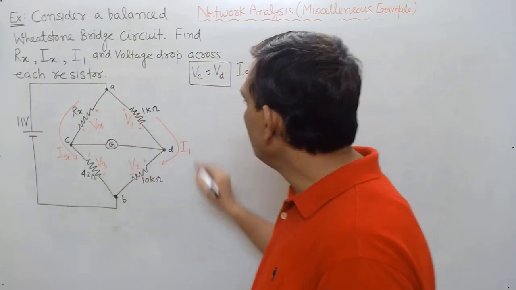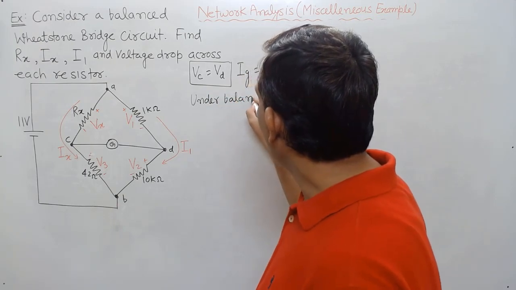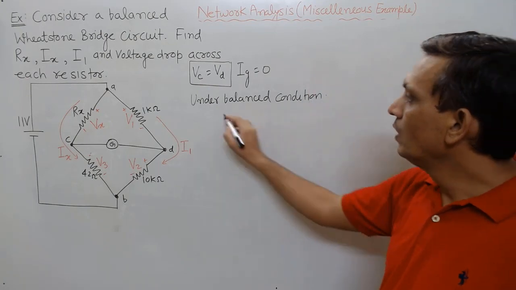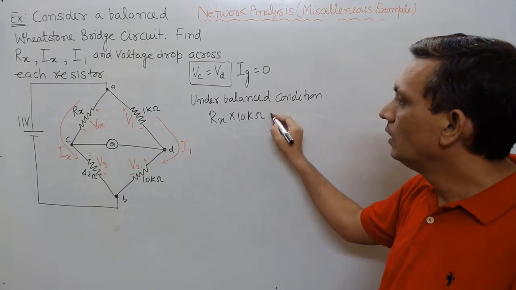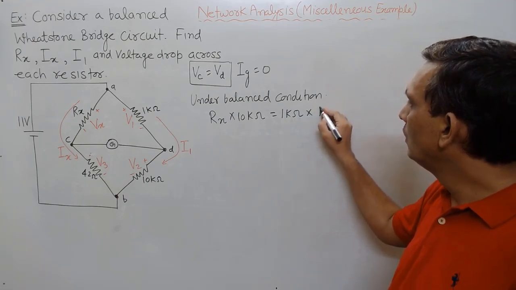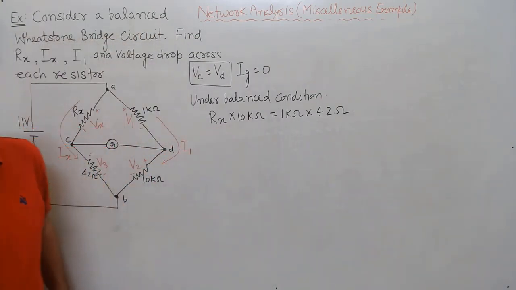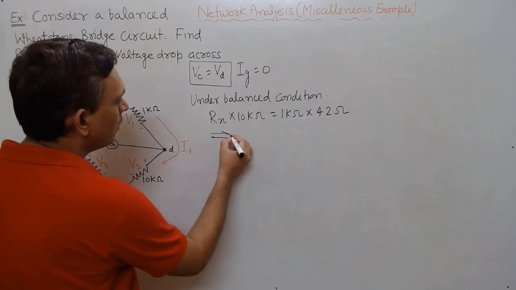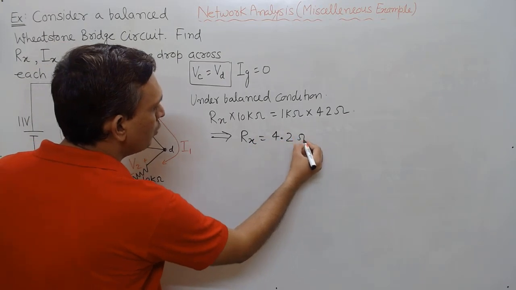So under balanced condition, you can write Rx into 10 kilo ohm will be the same as 1 kilo ohm into 42 ohms. So this will give you the value of Rx. So Rx is 4.2 ohm.